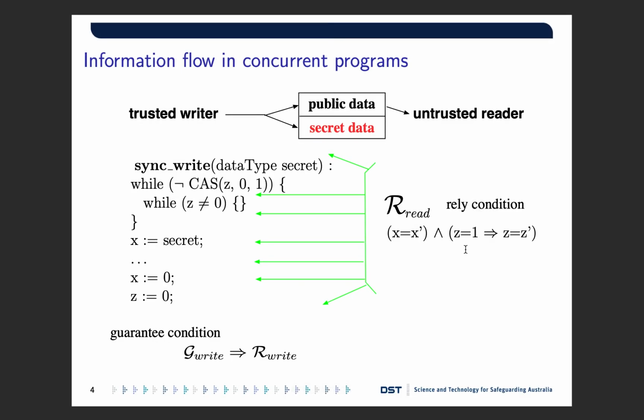In return, the writer has to provide a guarantee. We have to prove that the writer gives us a guarantee that is strong enough for what other threads rely on.